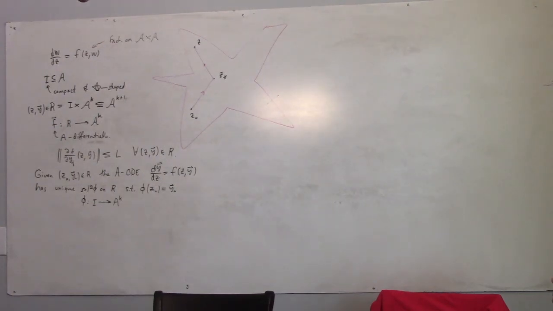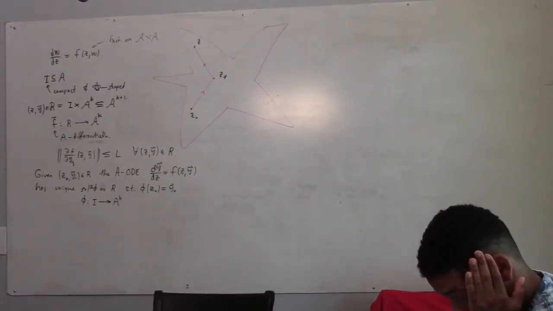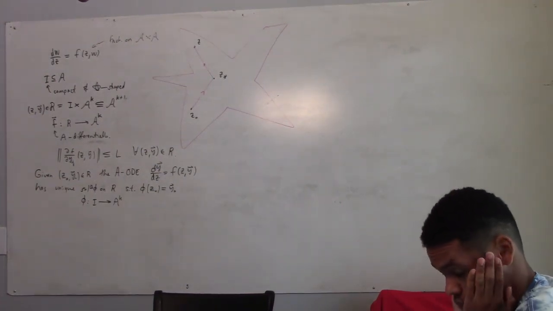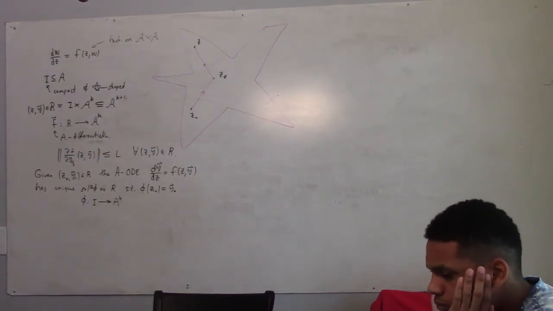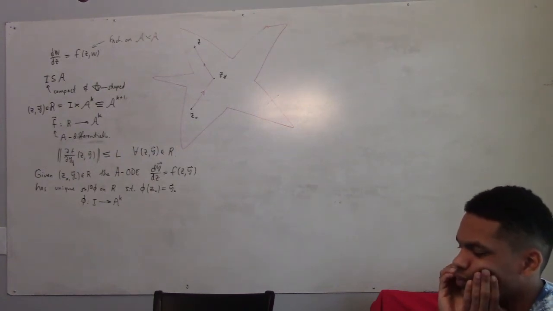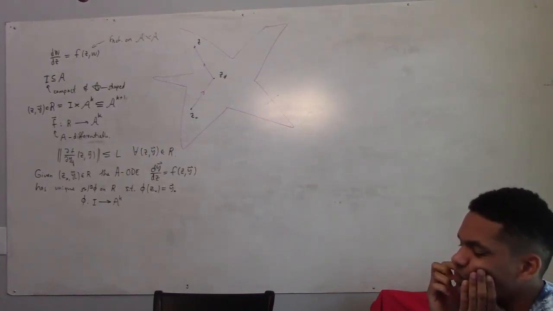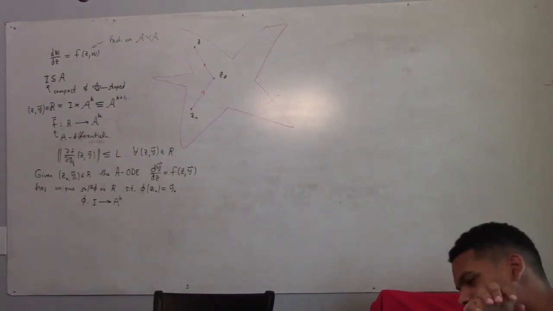Maybe instead of saying star shaped, I should say the region is such that any 2 points in the region are connected by a line segment. I think that's convex, but anyway, all right. So there's that.